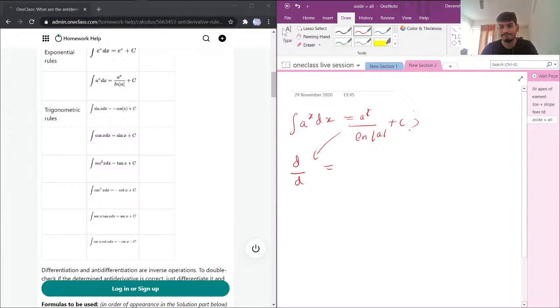So y equals a power x over ln of a plus c, then ln of y will be equal to x ln of this whole term, a power x over ln of a plus c.